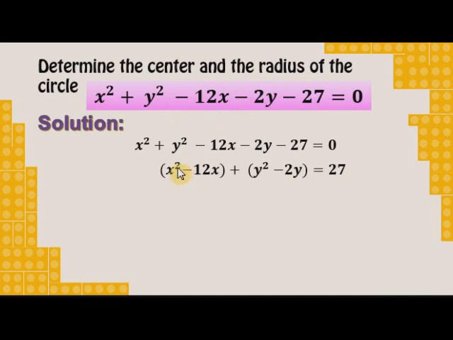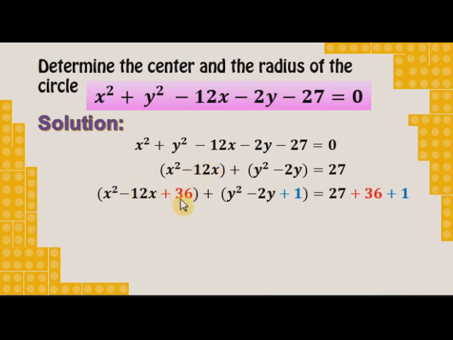Here we have x minus 6 quantity square, and we have this one y minus 1 quantity square. So first we are going to complete the trinomial. Here we have half of 12, which is 6, times 6, we have 36, and then half of 2, that is 1. So 1 times 1 is 1.